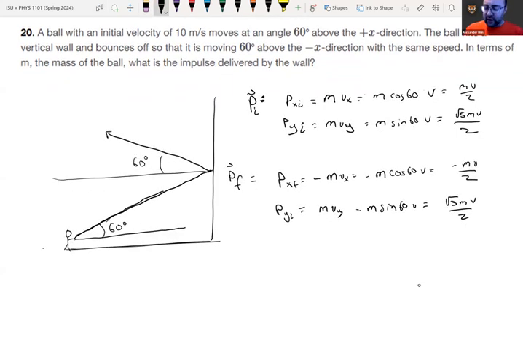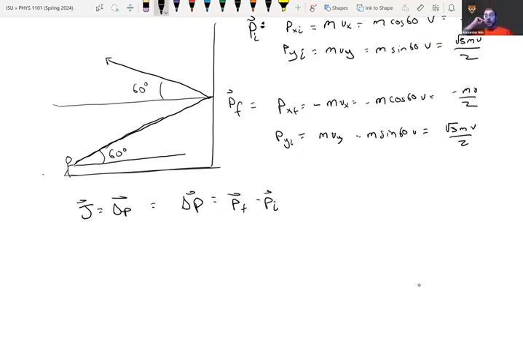Okay. Now, if we wanted to find the impulse, again, the impulse is going to be equal to the delta P. So we need to find the delta P, and we need to do this vectorially. So delta P is going to be P final minus P initial. As a reminder, we do this in components.